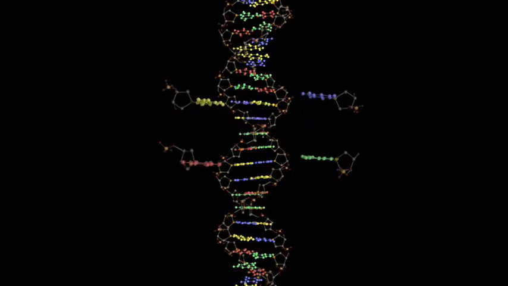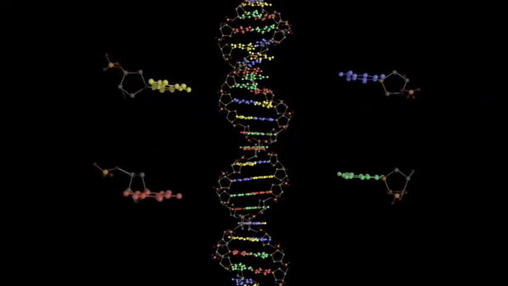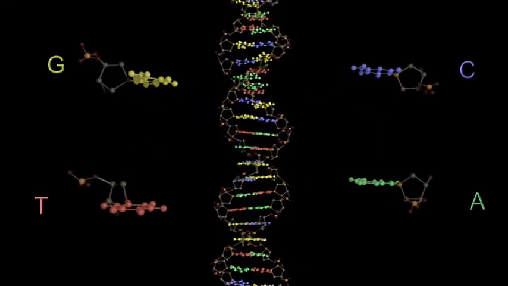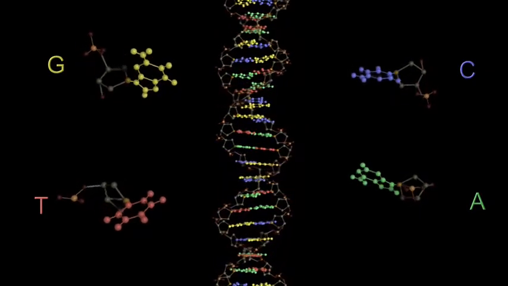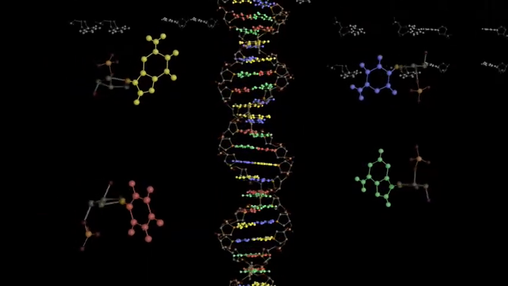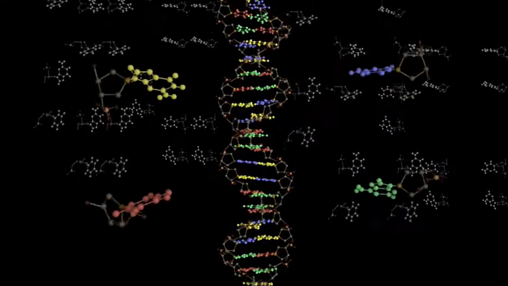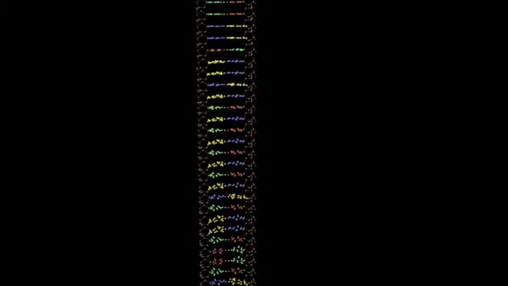All life uses the same 4 molecules: adenine, cytosine, thymine, guanine in the DNA ladder, although there are more than 100 that could be used. All life bases its replication on the duplication of the DNA molecule.